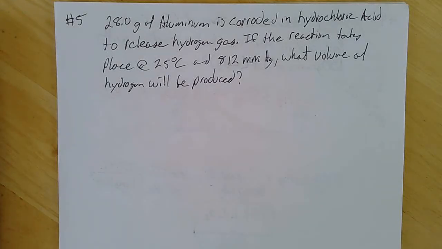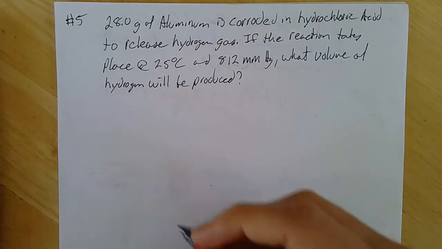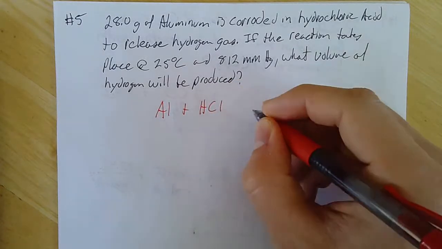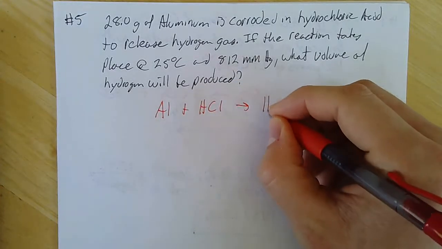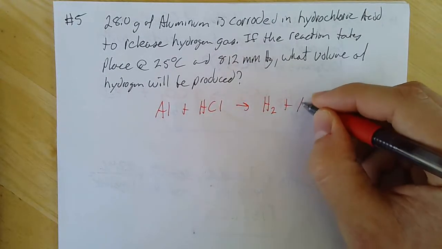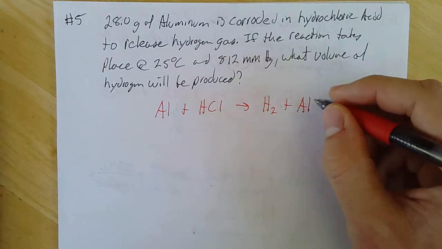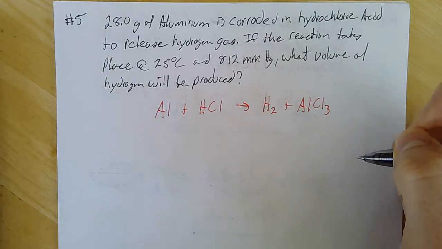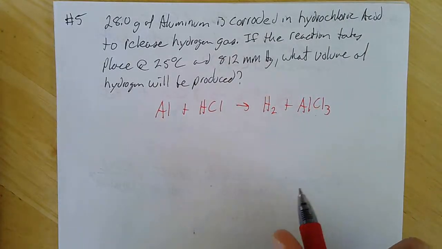The first thing we have to look at is having a balanced chemical equation. So aluminum metal is corroded with hydrochloric acid, and it's going to make us hydrogen gas. We've got to remember that's H2. And then there must be something else, and that's going to be AlCl3. As we go through this, we've got to balance it.